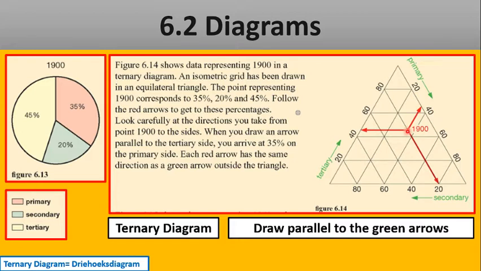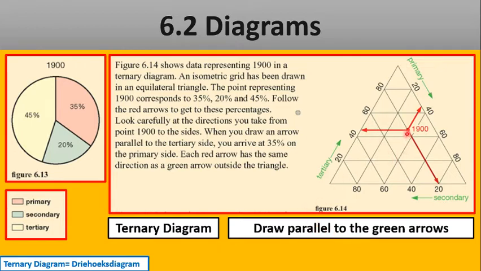They've placed a point right here, and let's say 1900. So that means this point corresponds with this pie chart of 1900. How should you read this diagram right now? Well, you're always going to follow the so-called green arrows that are on the outside of the triangle. So you draw parallel to the green arrows.